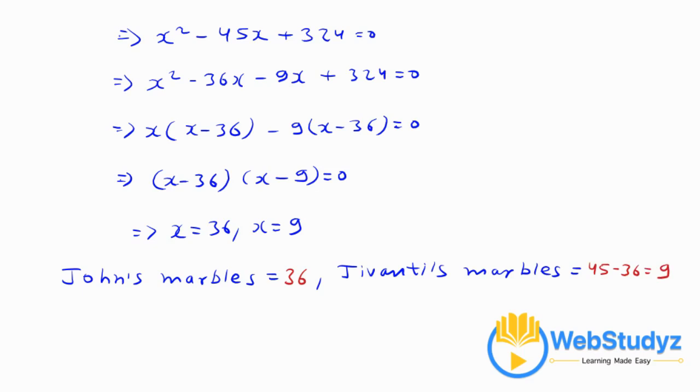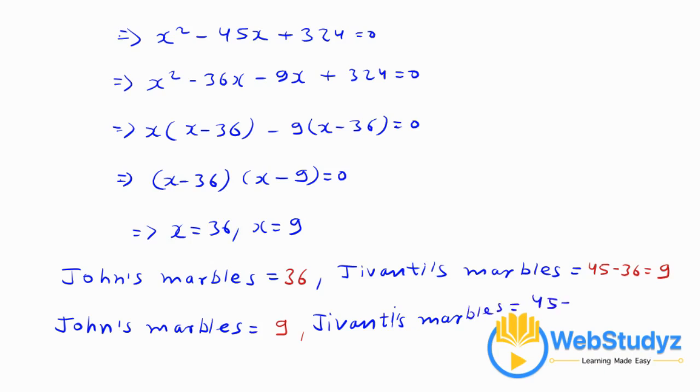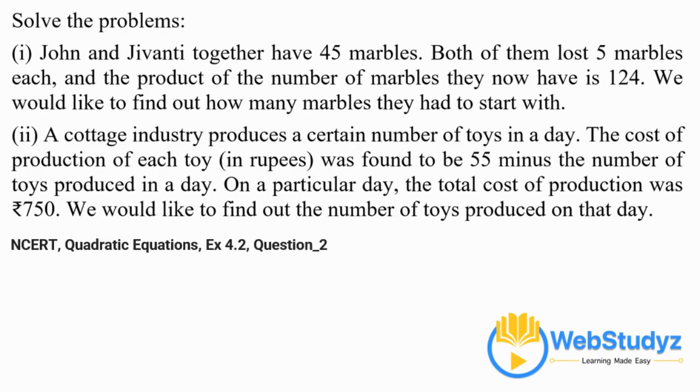Similarly, if we take John's marbles as x equals 9, then Jivanti's marbles will be 45 minus 9, which is equal to 36.